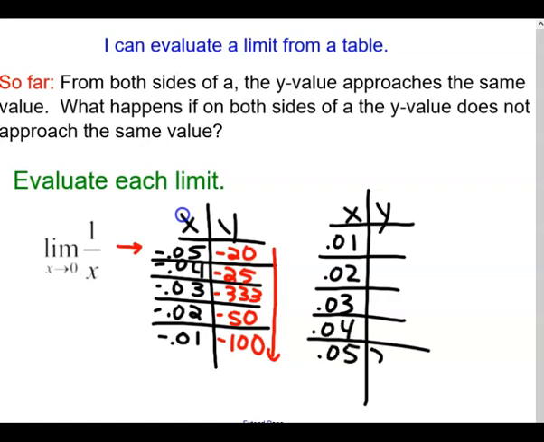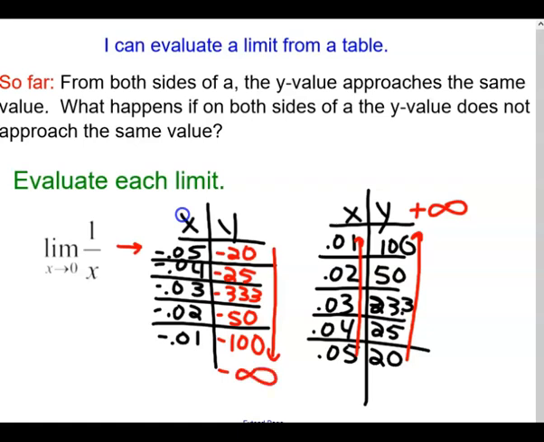Okay, and this is what our table says. 33.3, 50, and 100. Okay? So now as x is getting closer to 0 from this direction, the number seems to be getting more and more positive. So you could almost say positive infinity there.